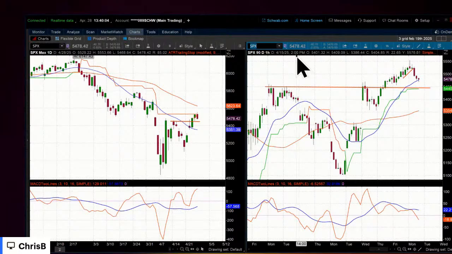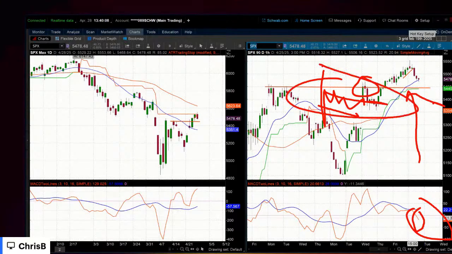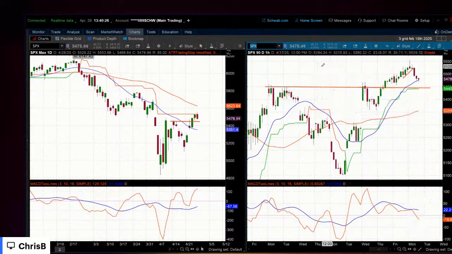Now, let me just make it clear, though. If this gets real oversold, it gets to massive support, and you get a reversal candle and a bull flag, well, heck, then I have 3 reasons: oversold, at support, and a reversal candle. So then you have 3 reasons.